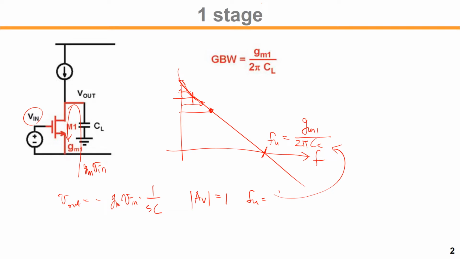So we can say that the one-stage amplifier is inherently stable if used in any feedback, like a resistor feedback, whatever. It is all stable, right?